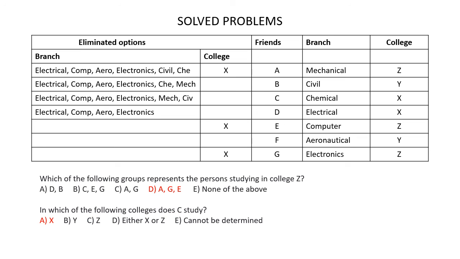You're given 5 options and you have to find out which is correct. So C is here and we know that C studies in college X. So the correct answer is option A, X.